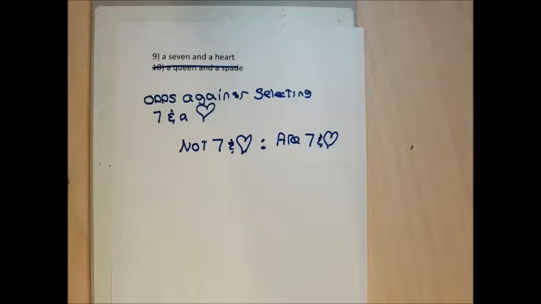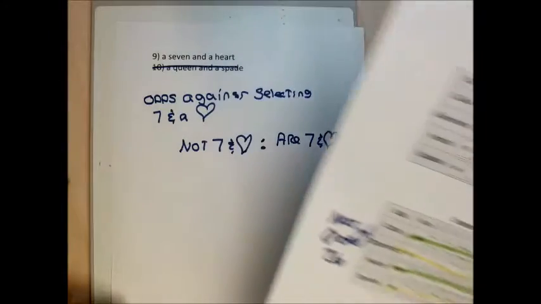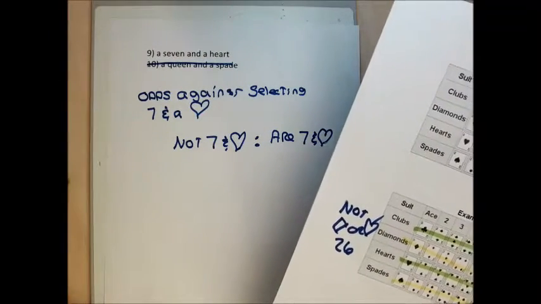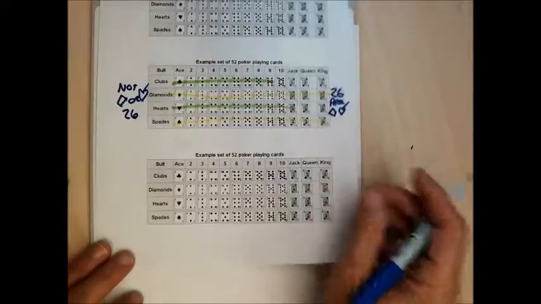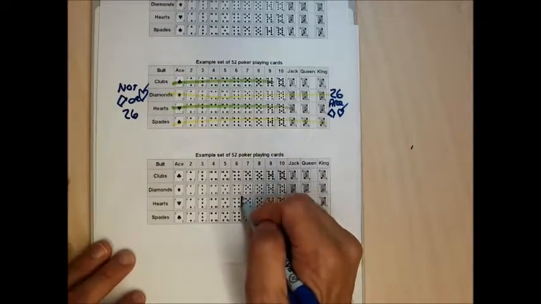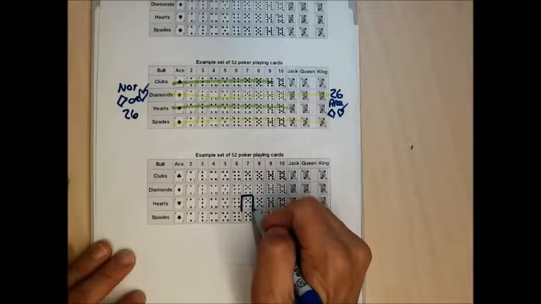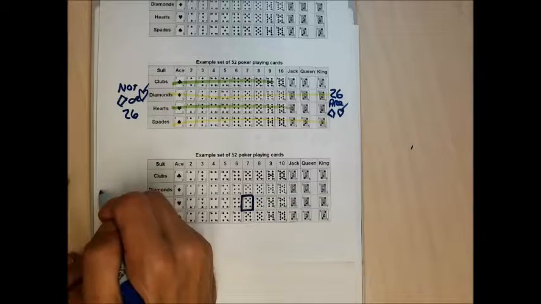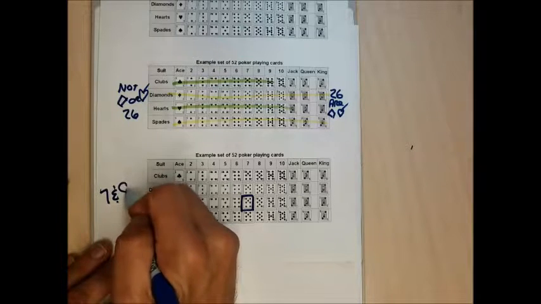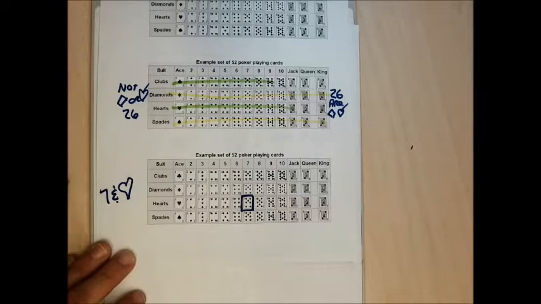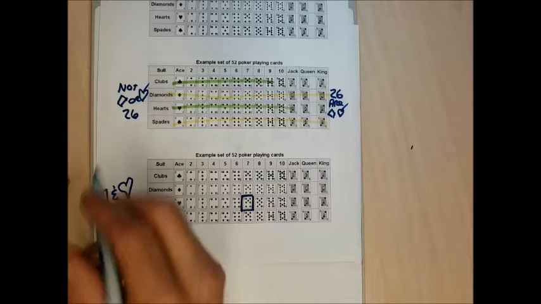So I'm going to go through my deck of cards, and I'm going to separate them into the cards that are 7 and hearts and then are not 7 and hearts. And for the 7 and heart, there's only one card in my deck that qualifies as being a 7 and a heart. So for the side that says I want something to be a 7 and a heart, you only get one card that fits that category.